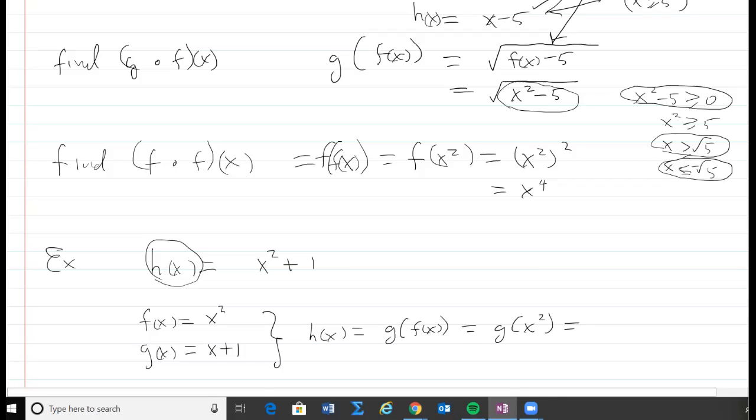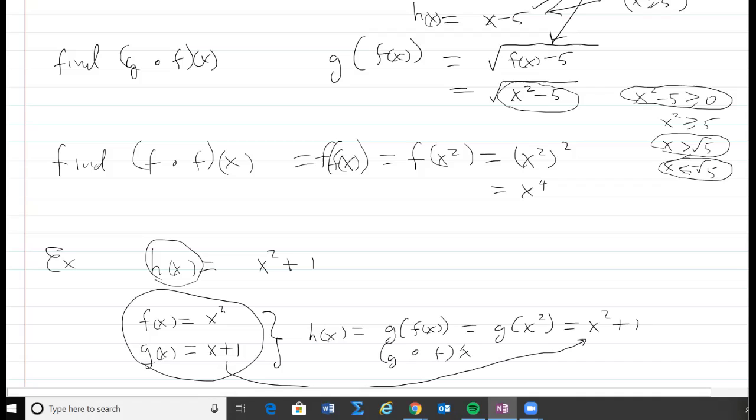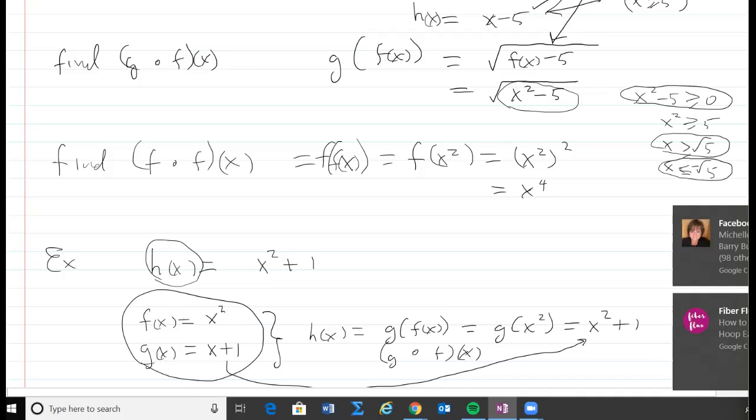When you place that into g, instead of an x, you have an x squared plus a 1. So h could be viewed as g of f of x, like that.